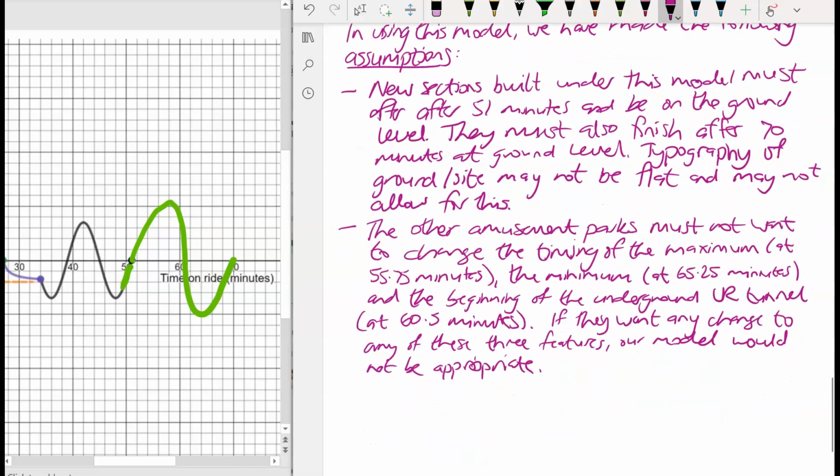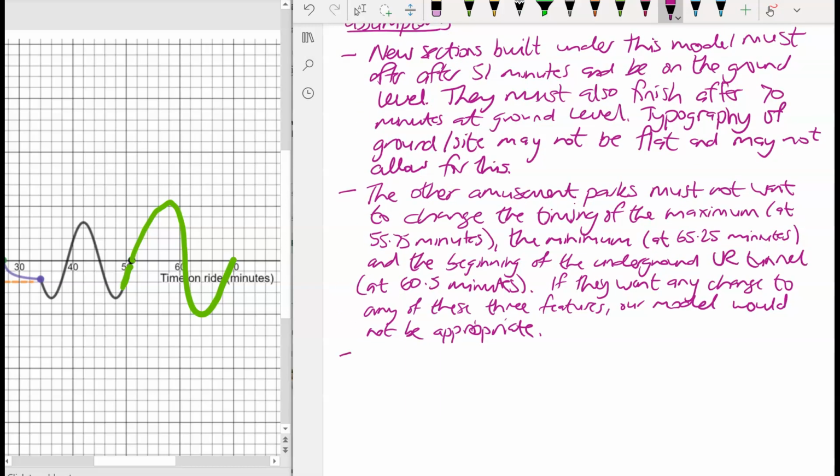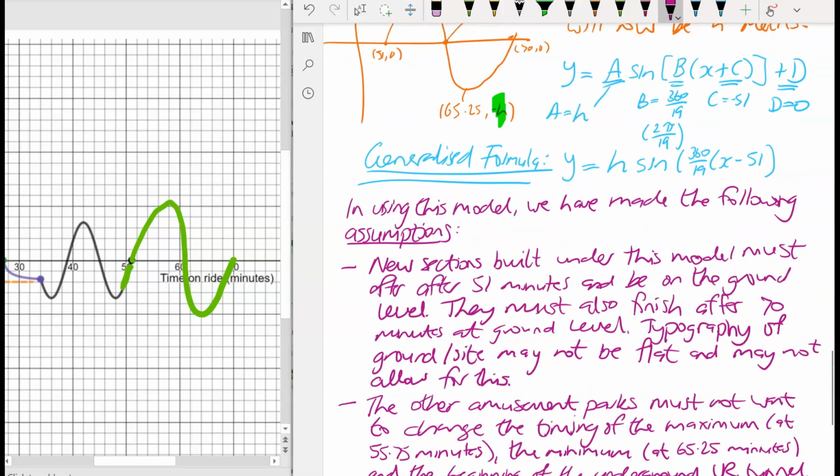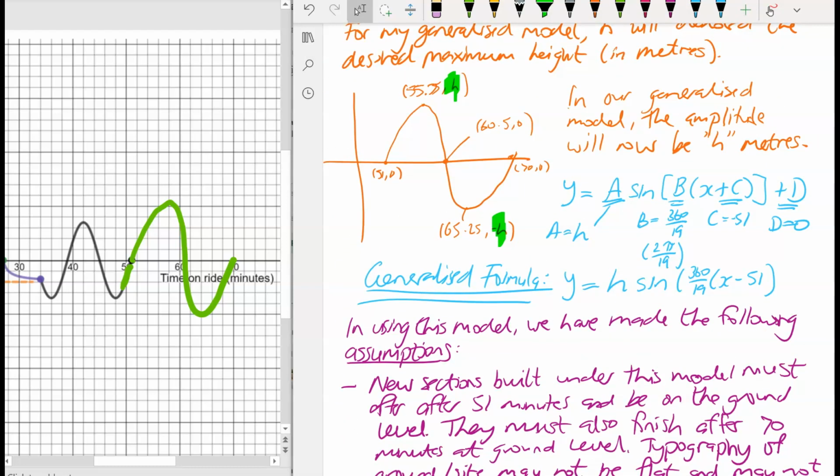Okay, so let's try to think of a third assumption. I normally like to do three assumptions because it normally caps it up pretty well. So we've assumed the start and end point. We've assumed the minimum, x-intercept, and maximum. And the other assumption that we need to make is we relied heavily on the idea that the previous section was increasing.